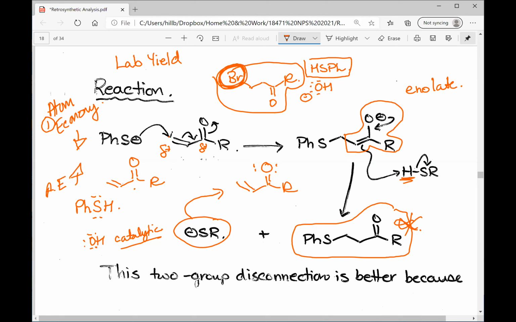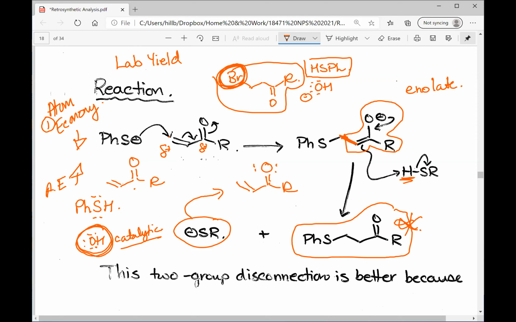So it's lots of favorable things with regard to that. When we're talking about some of the other processes, like do you need a catalytic amount of a base or a stoichiometric amount of base, all of those other metrics, if you've just got a smaller amount of this base to run the reaction, the yield is going to be higher using this two-group disconnection, while using the chemistry of the enone to help make this bond.